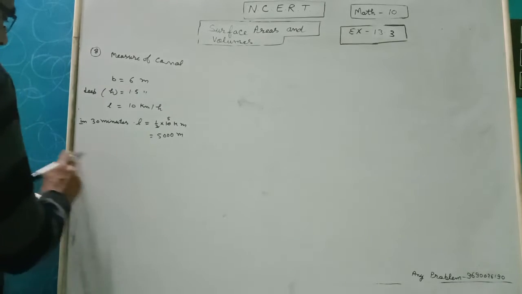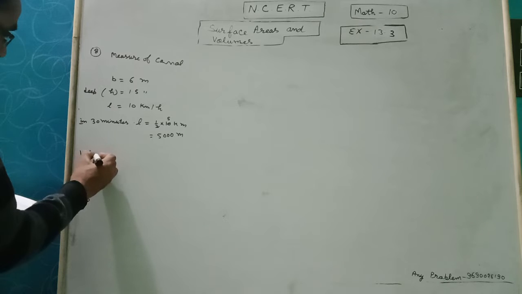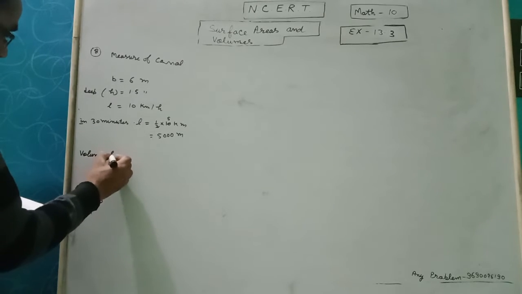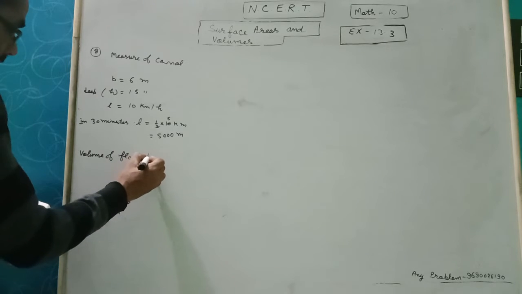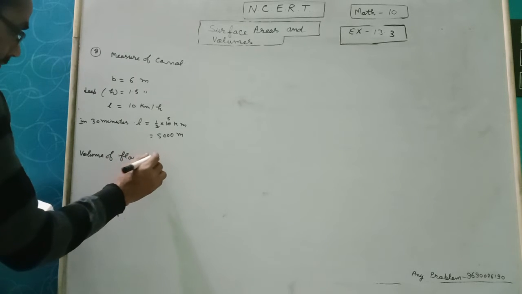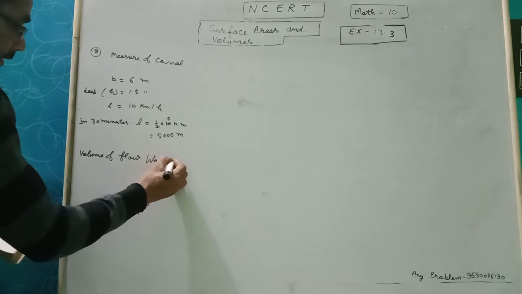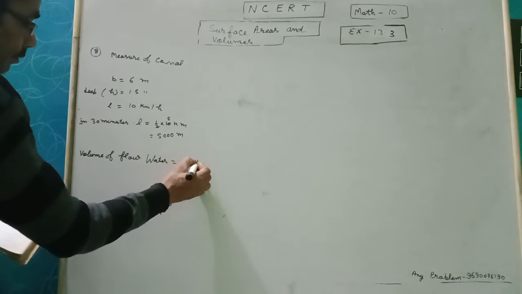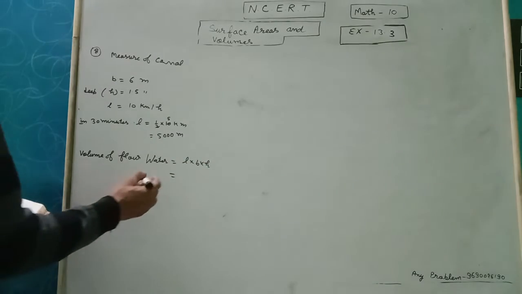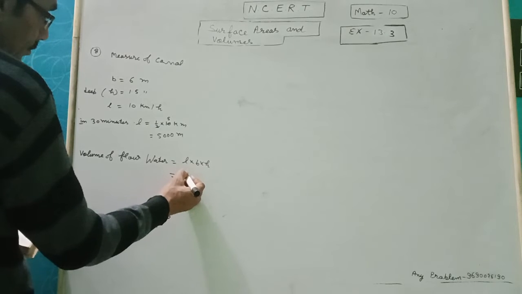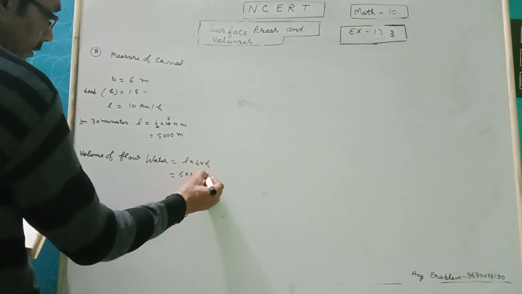So volume of water flow is equal to l into b into h, which is 6 into 1.5 into 5000.